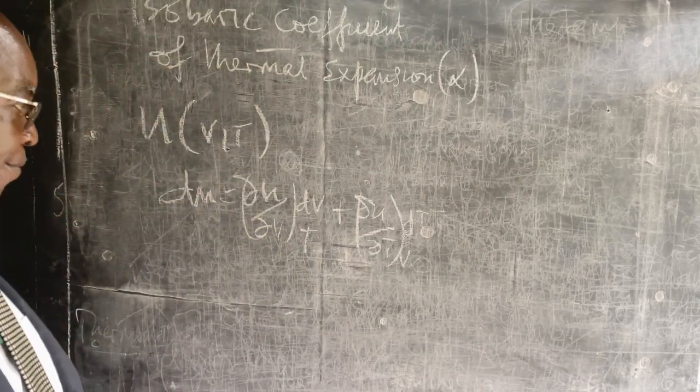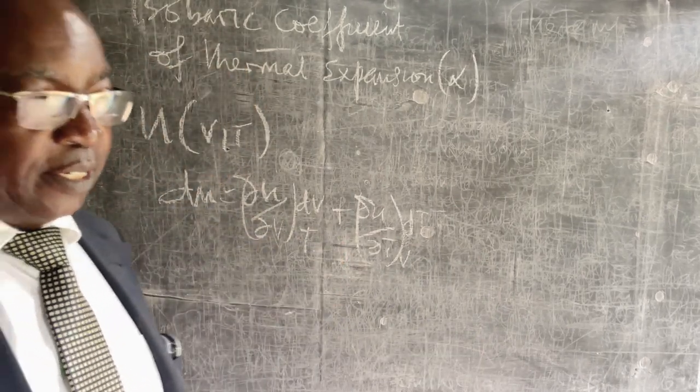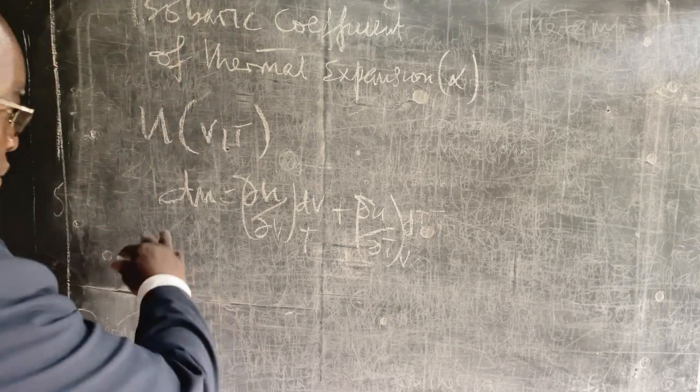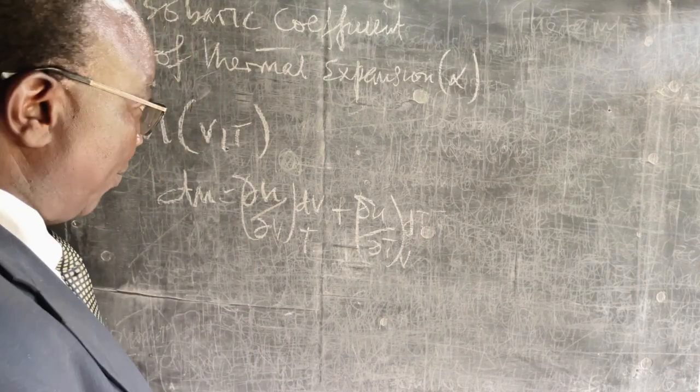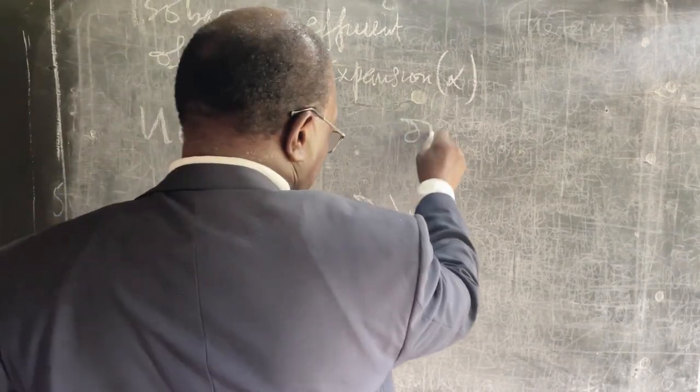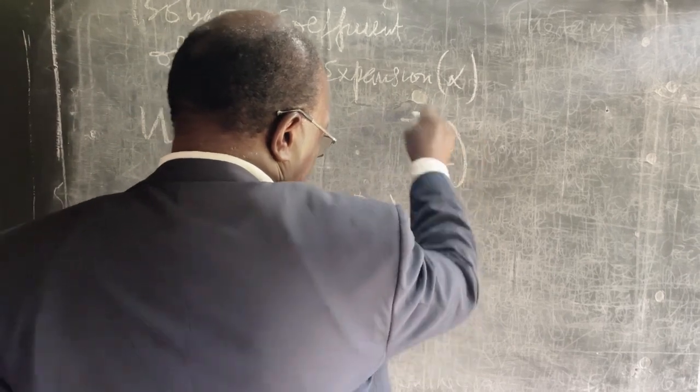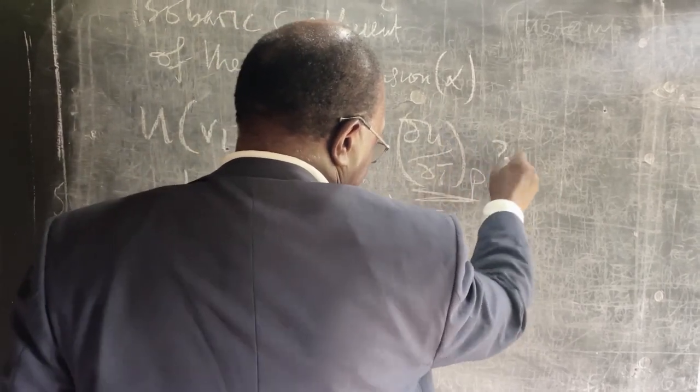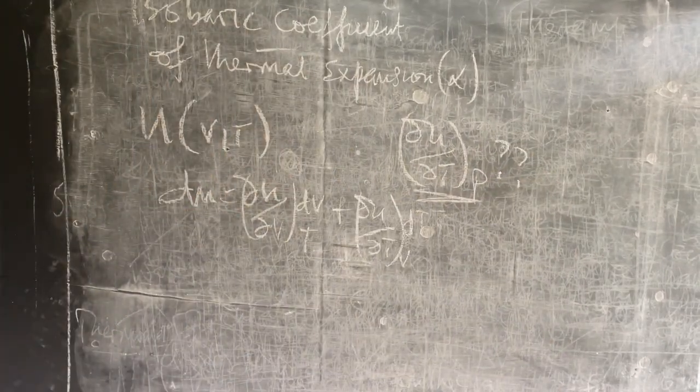And so if we divide throughout by dT, we are interested in obtaining the coefficient del U del T at constant pressure.